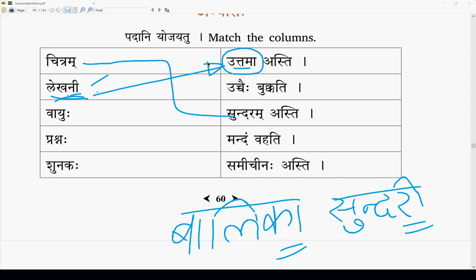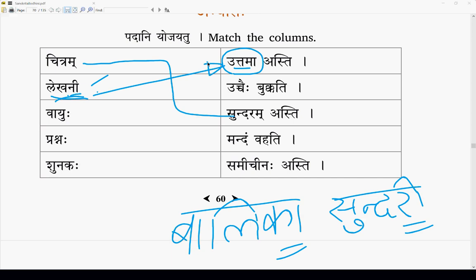And Vayuhu. Uchai Bukkati. Samichina. Mandam. Some of these, Vayu Uchai Bukkati, are technically correct, but we need to know the meaning. Bukkati is barking.